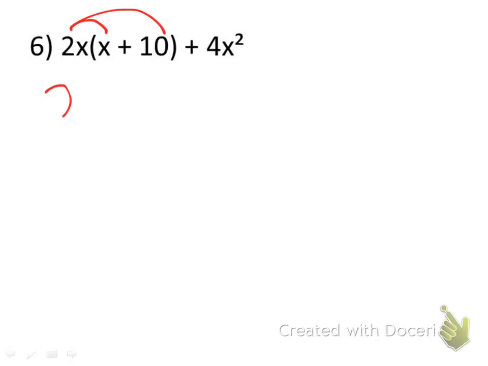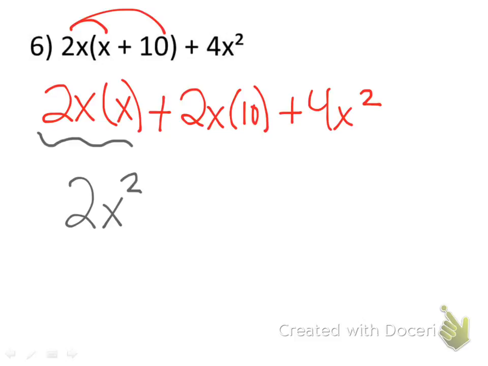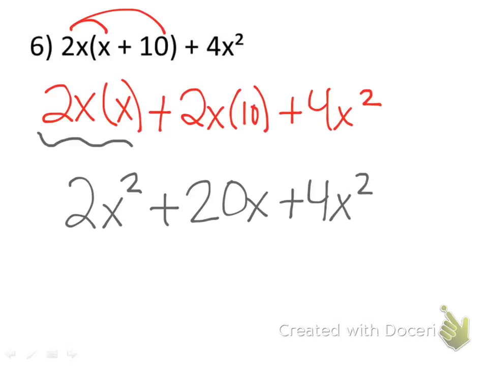So I'm going to have 2x times x plus 2x times 10 plus 4x squared. Go through and actually do the multiplication. 2x times x is 2x squared. 2x times 10 is 20x plus 4x squared.